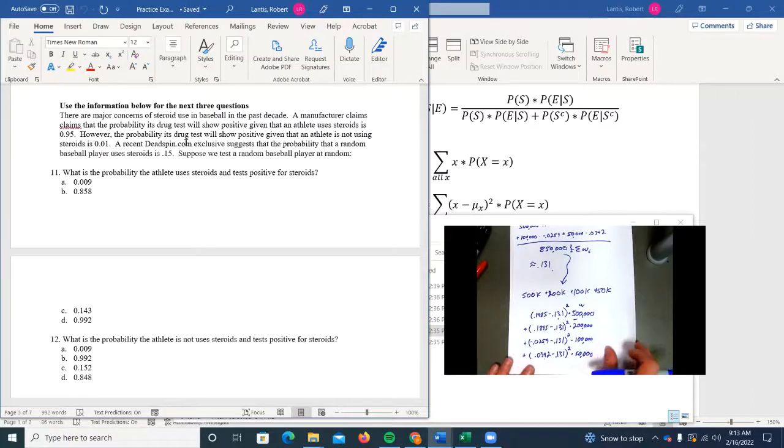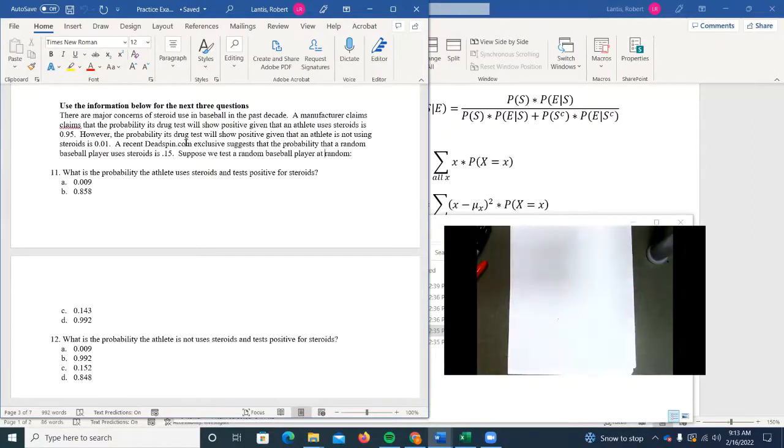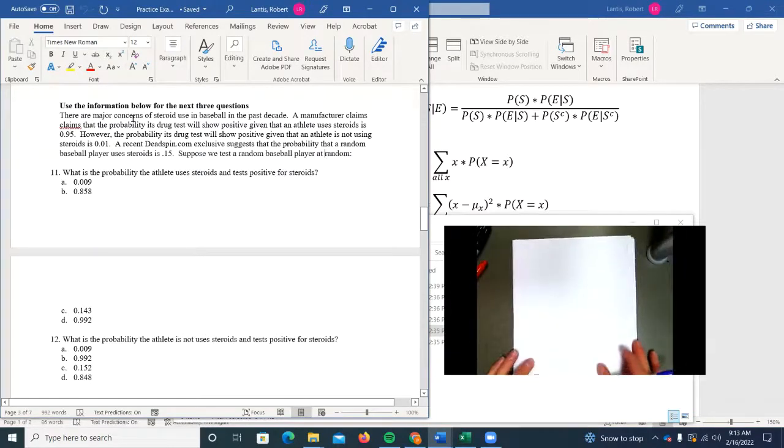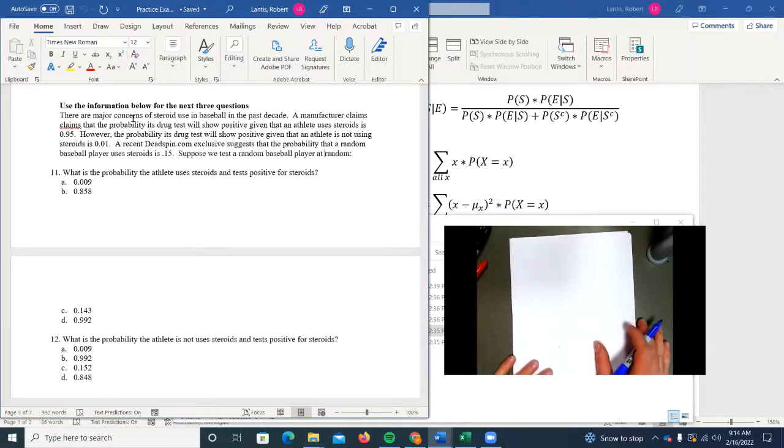So let's identify what we're told in the problem. The manufacturer claims that the probability a drug test shows positive given the athlete is using steroids is 0.95. Unlike some of the Connect homework or some of the stuff we've done in class, on the exam I'll be very obvious with these, and I'll always use this terminology of given.